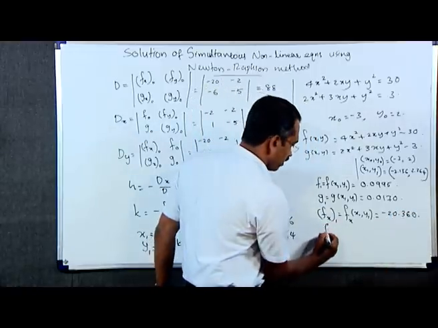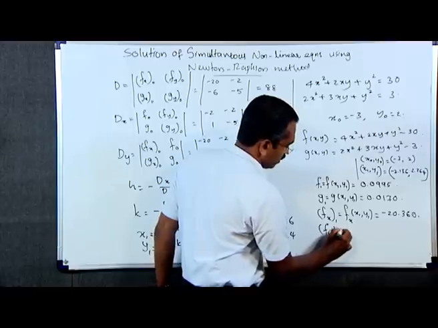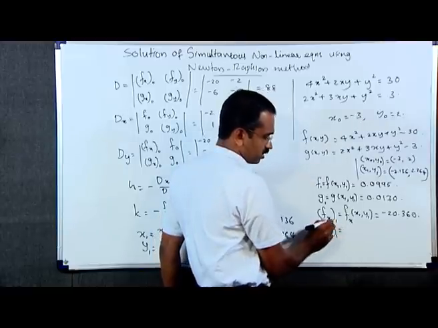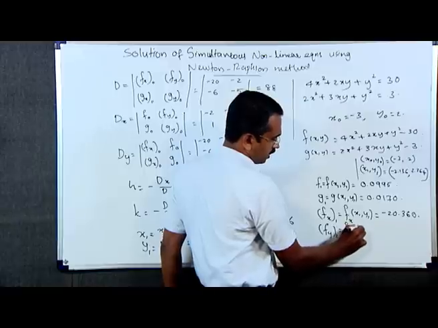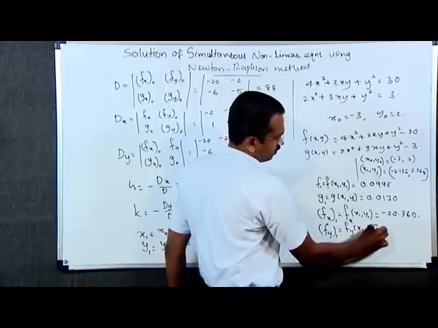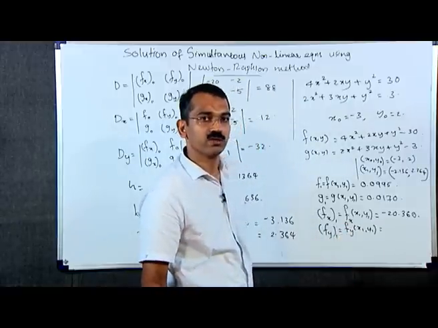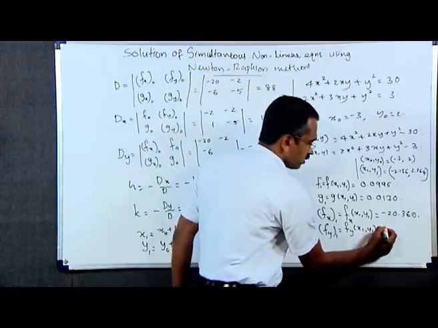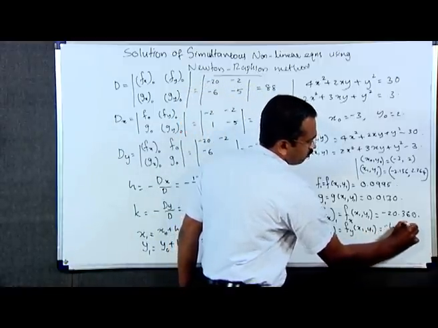Similarly, fy1, the partial derivative of f with respect to y at x1, y1, on substitution, we will get the value as minus 1.544.